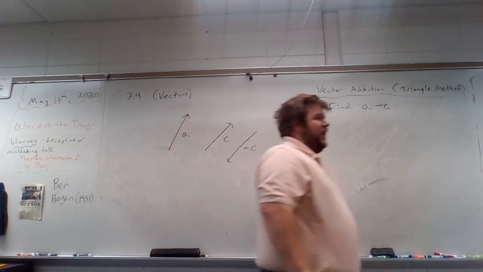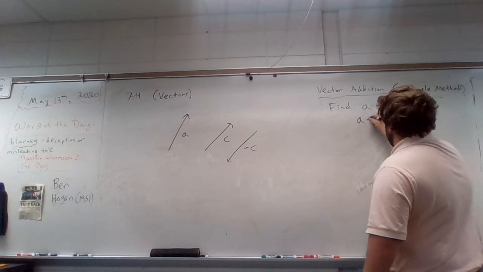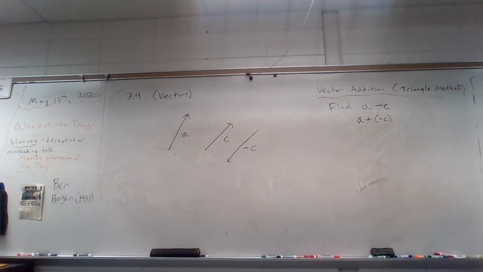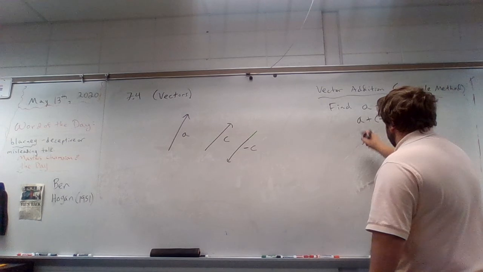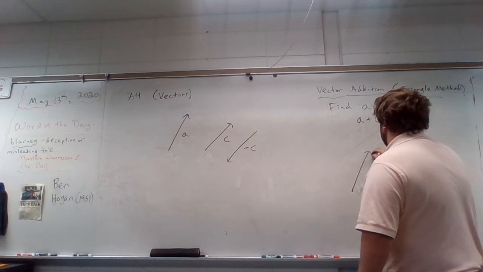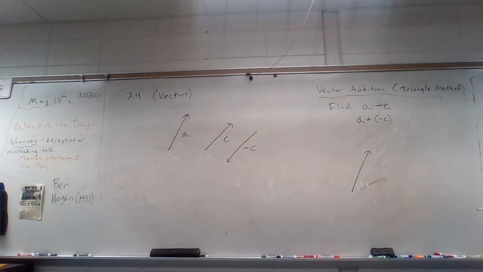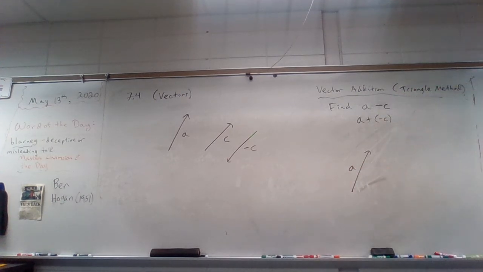And then when I think about A minus C, what A minus C really is, is A plus a negative C. Definition of subtraction. And then if I'm using the triangle method, this is our vector A. So again, I make a copy of that, and that's to label our A. And then where does negative C go?